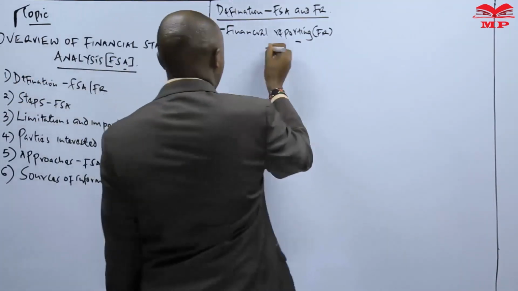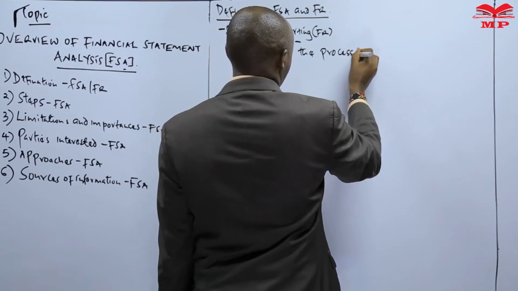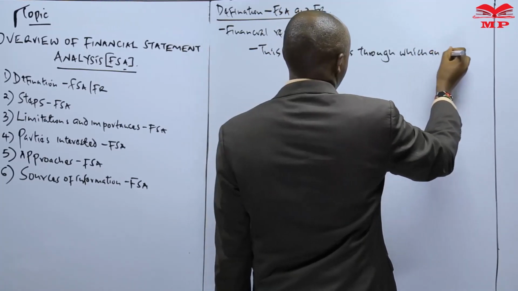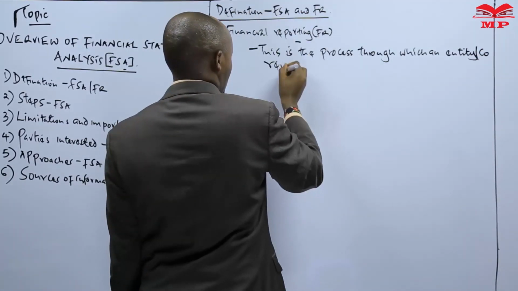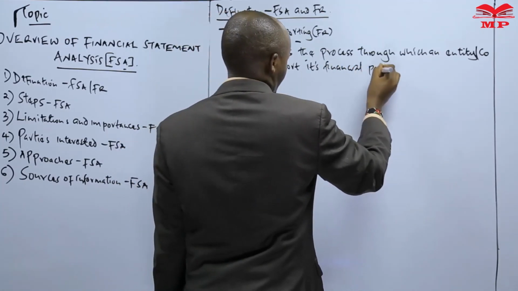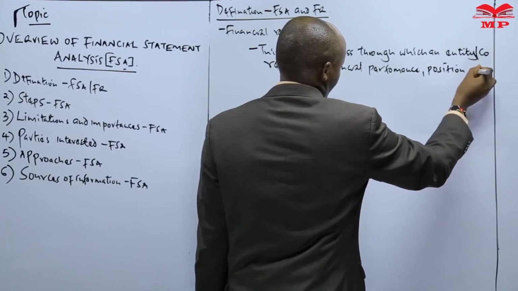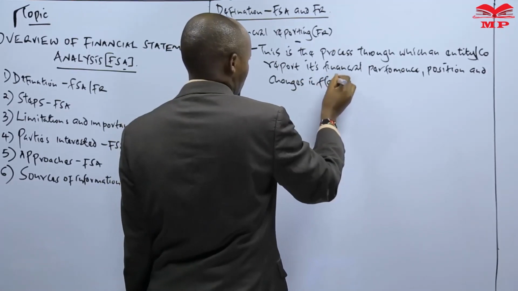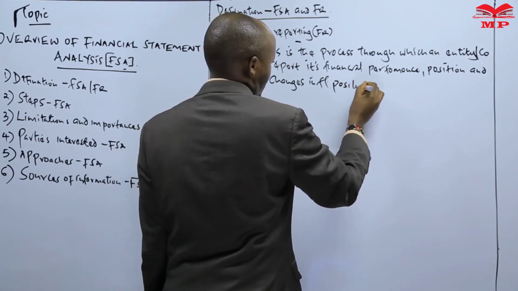So in this case, we can say that this is the process through which an entity or a company reports its financial performance, its financial position and changes in financial position.